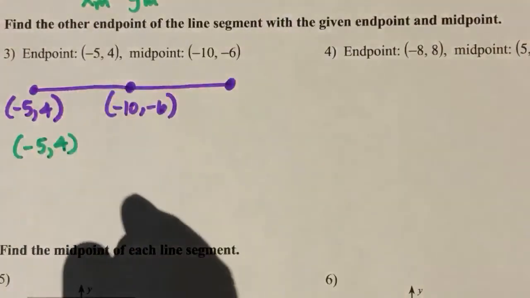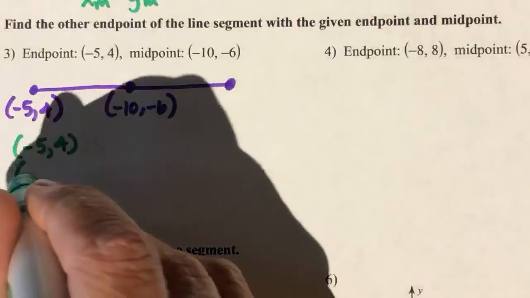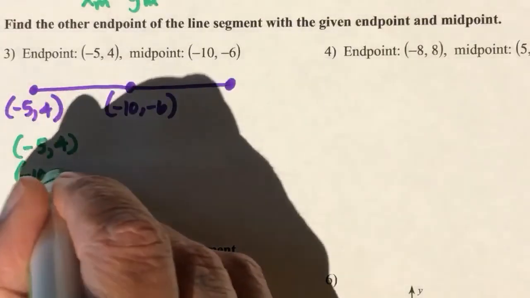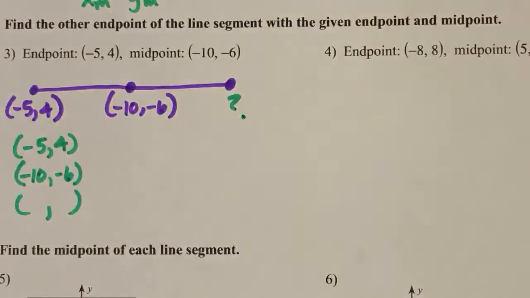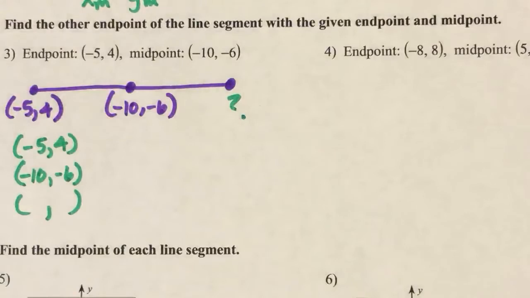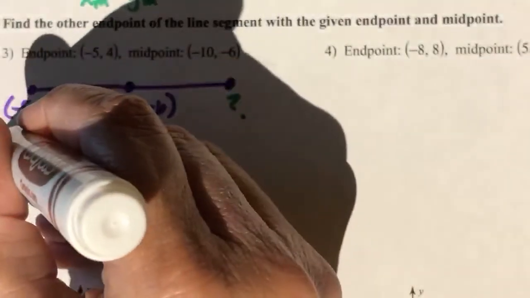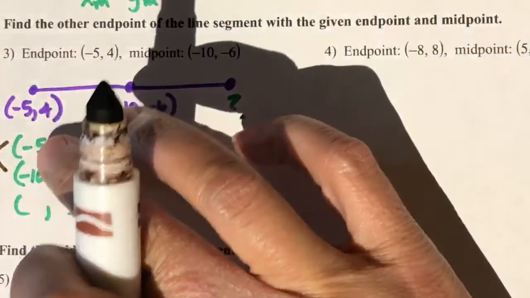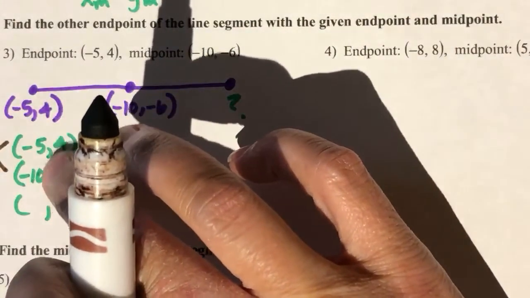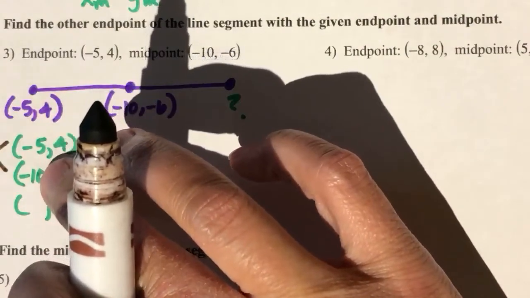I know I started at -5, 4. Then I jumped down to -10, -6. So the question is, where's this guy? Well, you have to watch a pattern. You know that it's exactly in the middle, right? So how did I get from -5 to -10? I actually got 5 less.